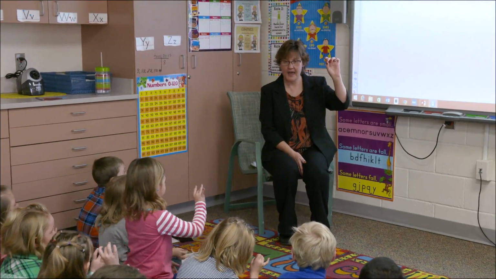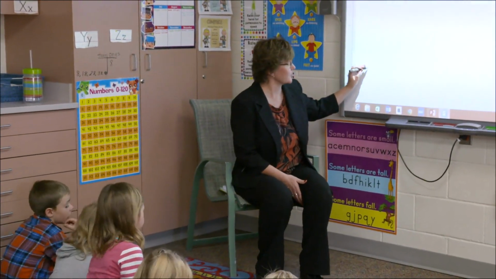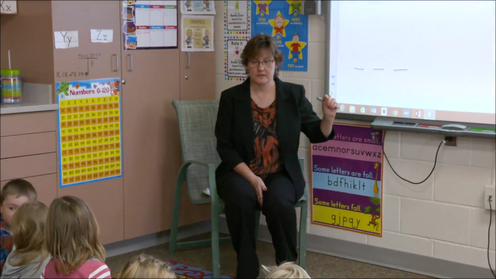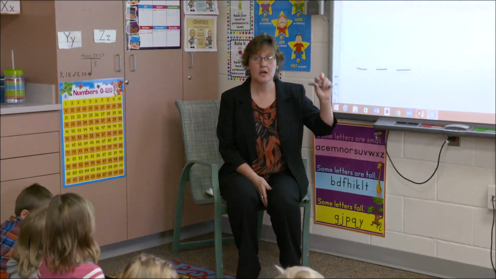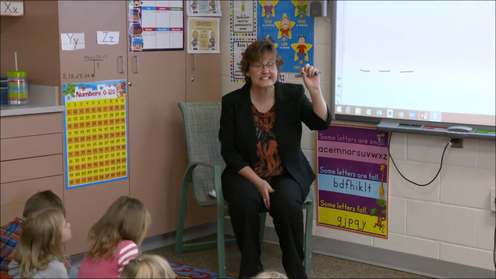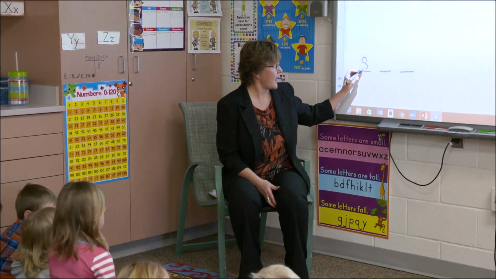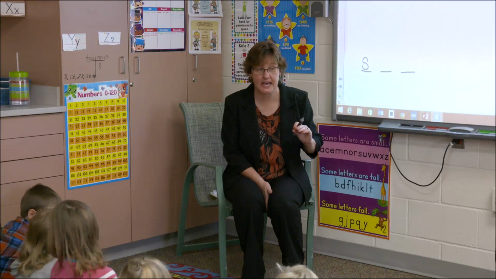S, D. 3 sounds. Mrs. Ehlers will put 3 lines up here to show the sounds. Okay, first sound in the word said is s, s. We need to write the word S because S says the sound.